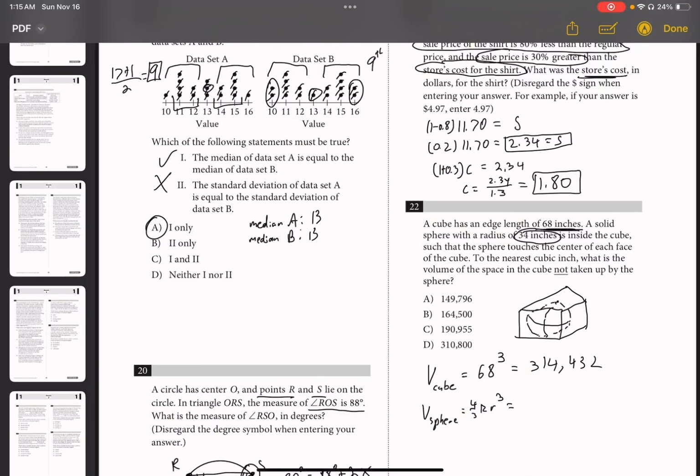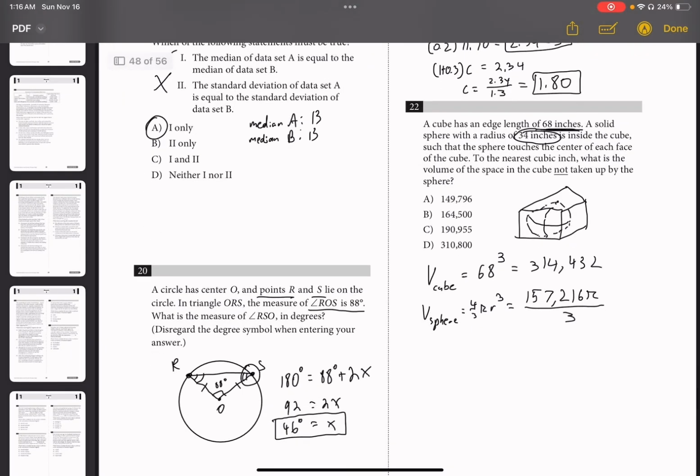So that will give us 4 times 34 times 34 times 34, and that gives us an answer of 157,216 pi over 3.